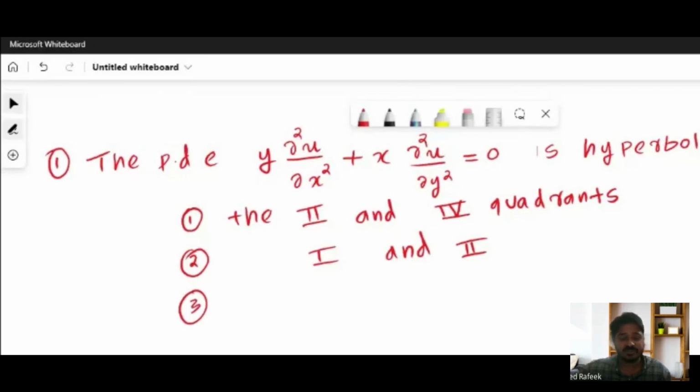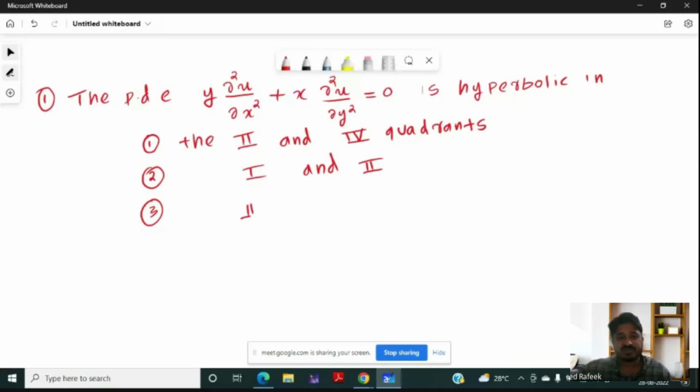Option 3, the second and third quadrant. Option 4, first and third quadrant.